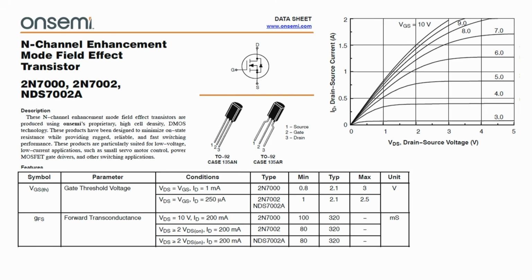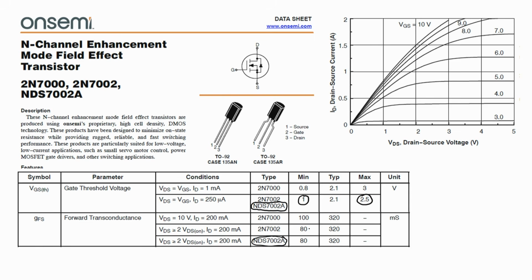Let's take a look at a typical data sheet for an N-channel enhancement mode MOSFET. In a moment, we're going to be working an example, and I want to use this particular transistor in my example. So for now, we're going to take note that we could expect with this MOSFET a gate source threshold voltage that varies between about 1 volt and 2.5 volts.